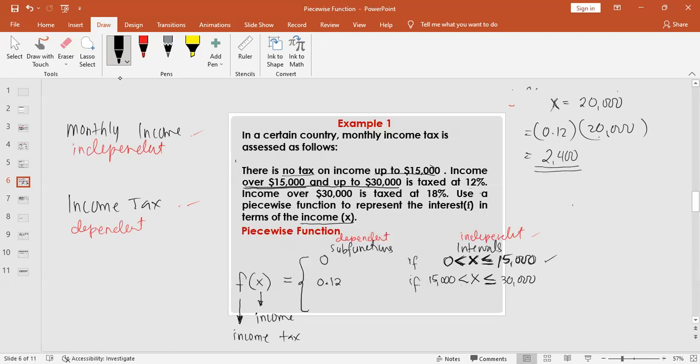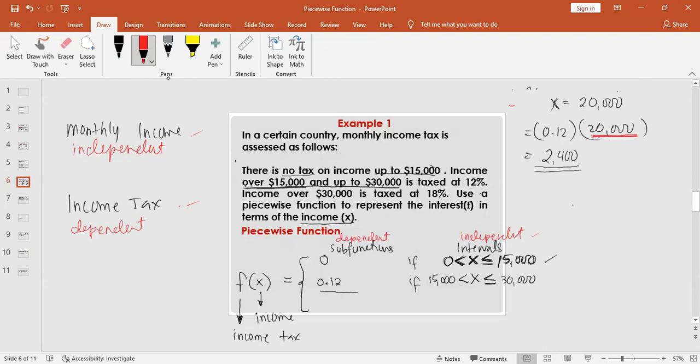Okay? So, class, what can you notice? Ano ba ang kulang sa second subfunction natin? Paano nga natin kinompute yung income tax? We multiplied 0.12 by 20,000. Eh, ano ba tong 20,000? Siya 'di ba yung monthly income natin?